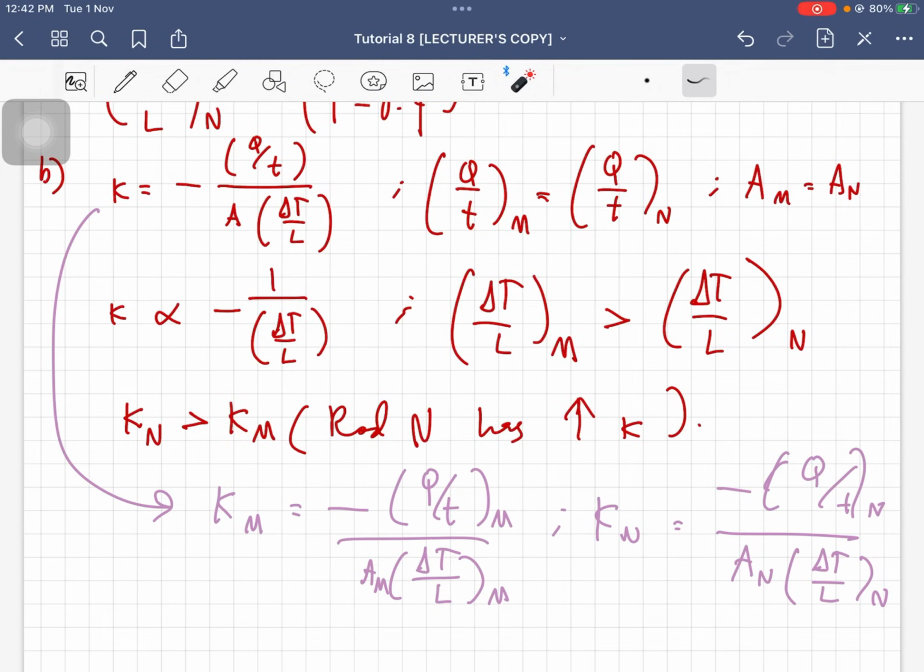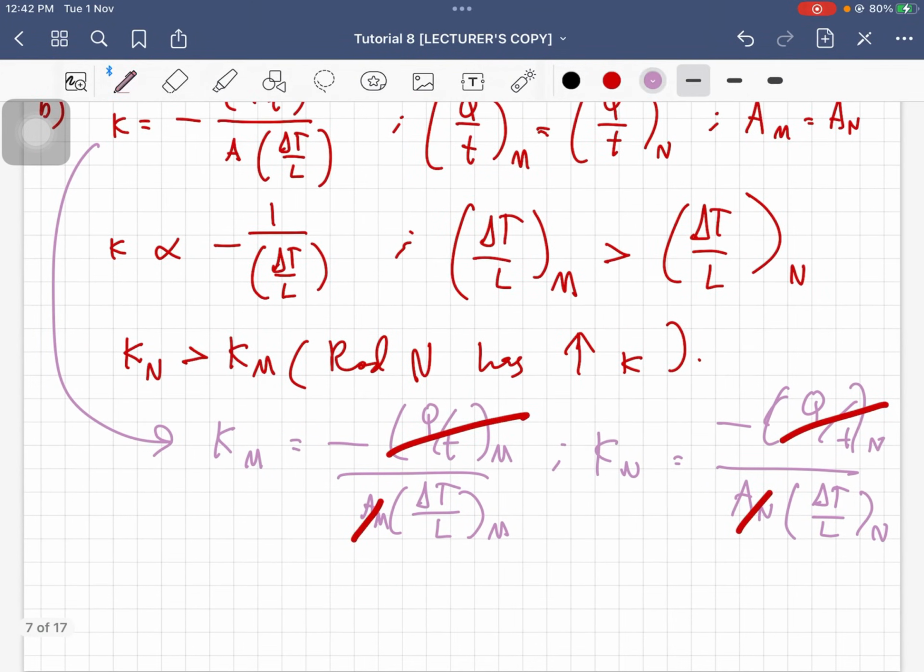So when they are in steady state, this can be cancelled. So these two can be cancelled. Then the area is also the same. So we are left with this equation only. So what you need to do is just consider which one is bigger.